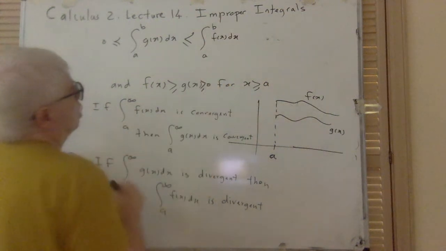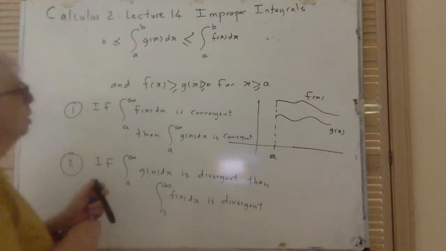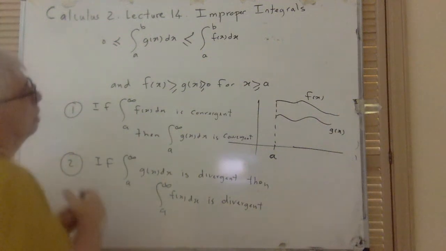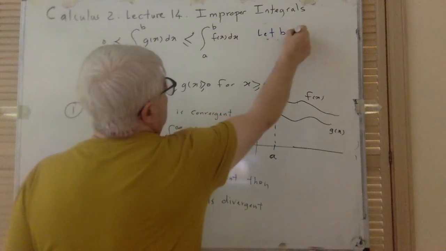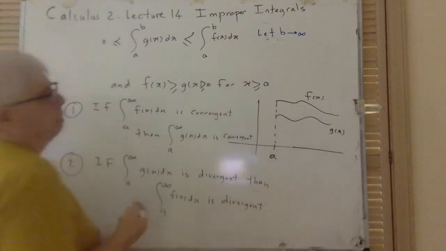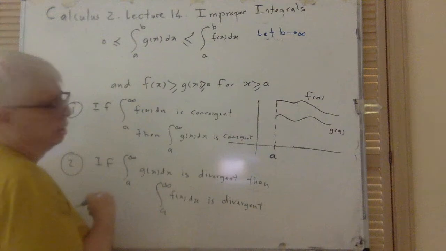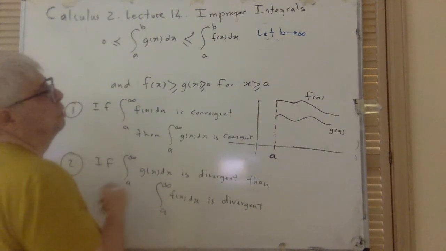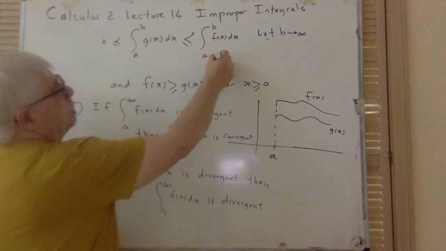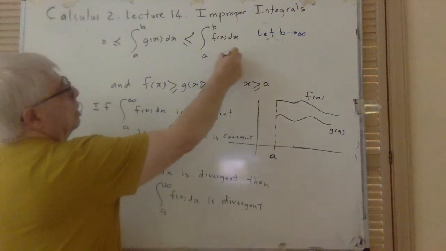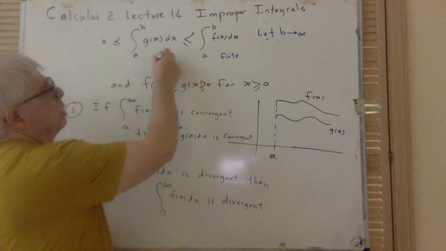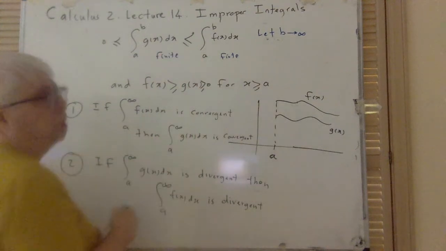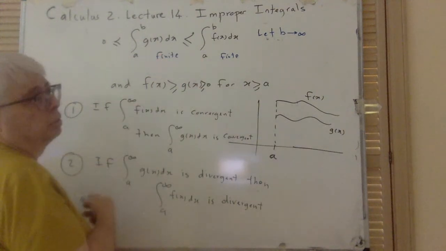Okay. So that is true for any b, and let b go to infinity, right? So it's true as b goes to infinity. So if this is finite, this should be finite, right? If this is, say, 10, this can't be 10 million.